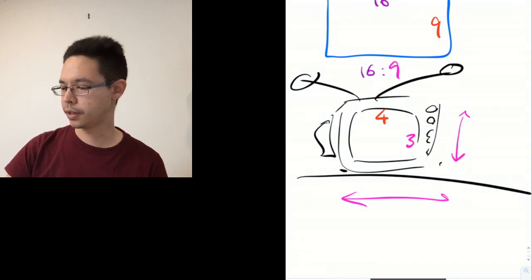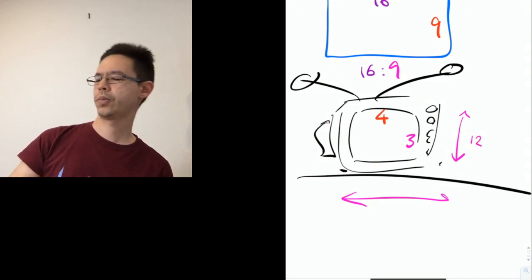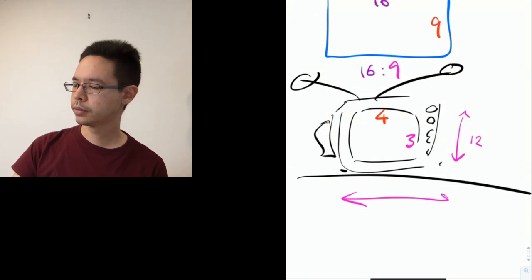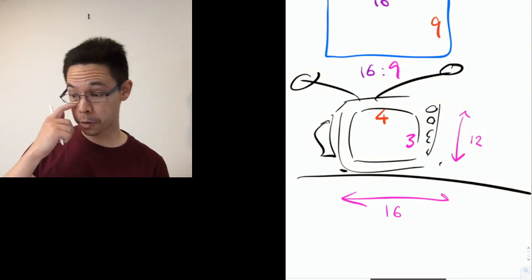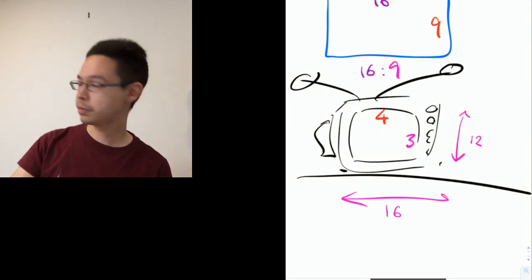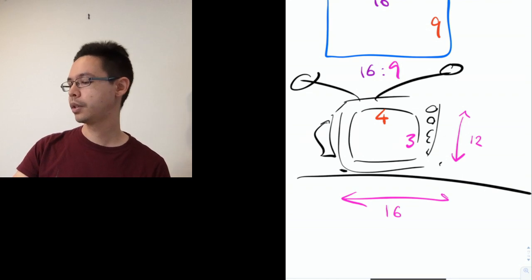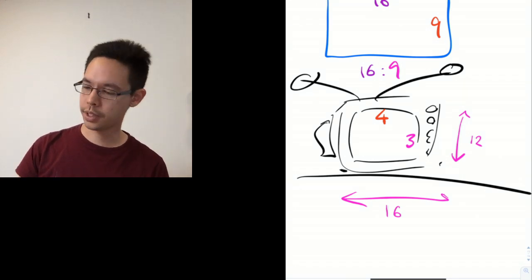Let's make this unit here 12. And the width 16, I think so. Let's see, 3 divided by 12. No, 12 divided by 3 is 4. 4 times 4 is 16. Yeah, that would be the right ratio.